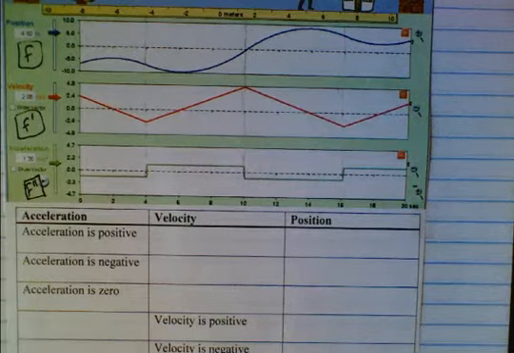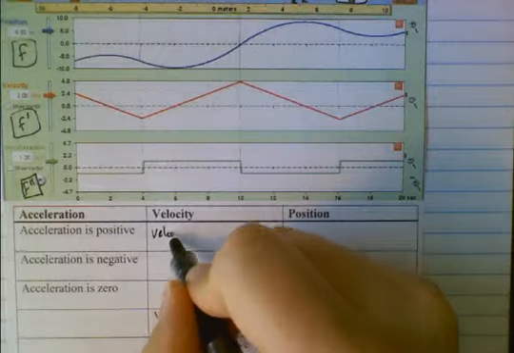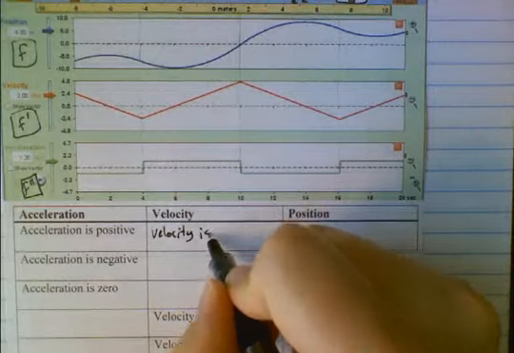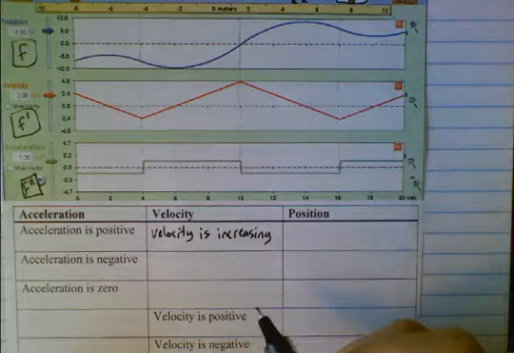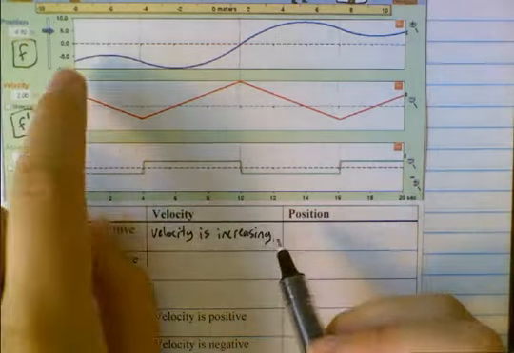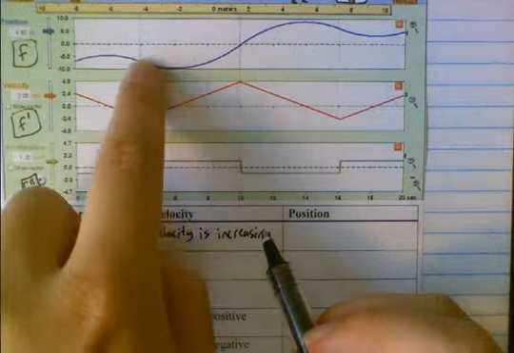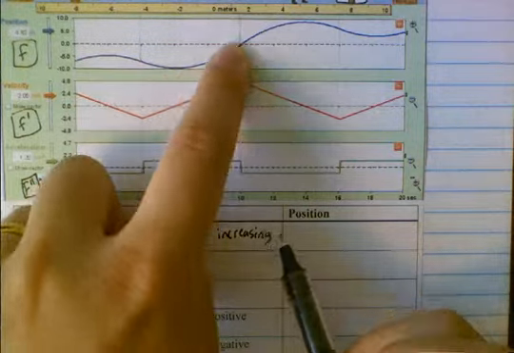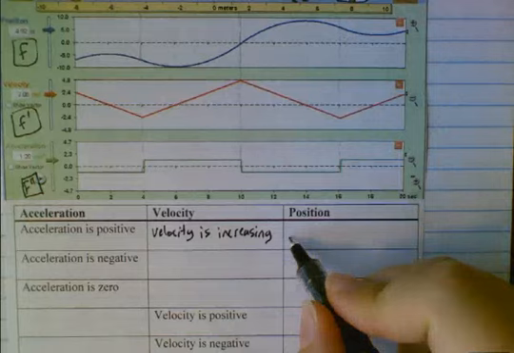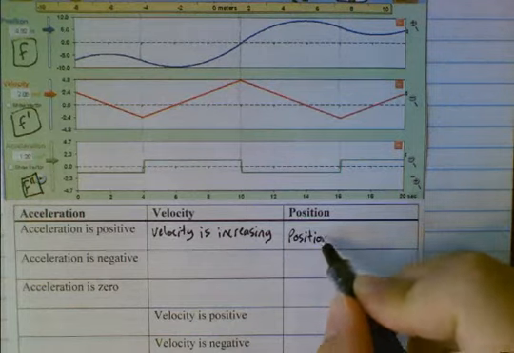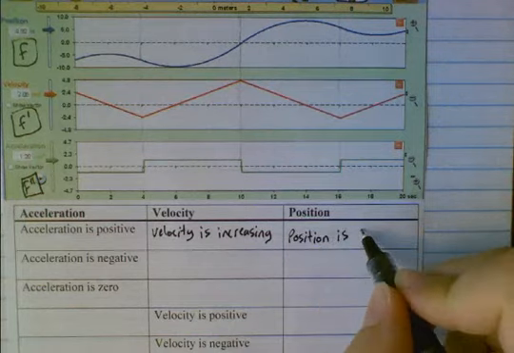So what that means for us is that if acceleration is positive, velocity is increasing. And notice also, position is concave up here, position is concave up right here. Those are the only times when position is concave up.